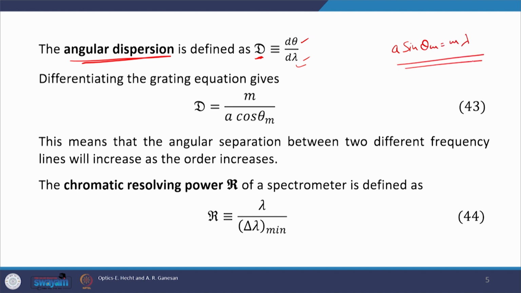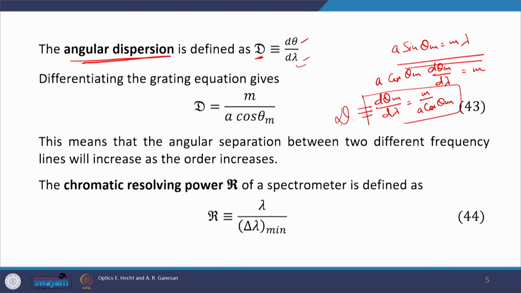If you differentiate this grating equation, you get m cos theta m d theta m by d lambda equals m. From here, d theta m by d lambda would be m by A cos theta m. This is nothing but your angular dispersion D.